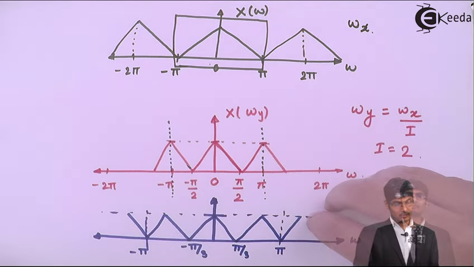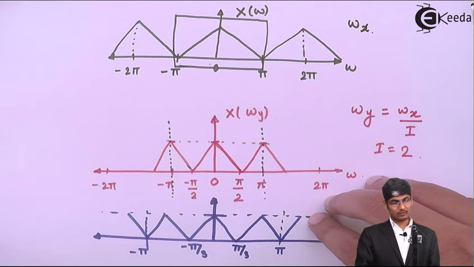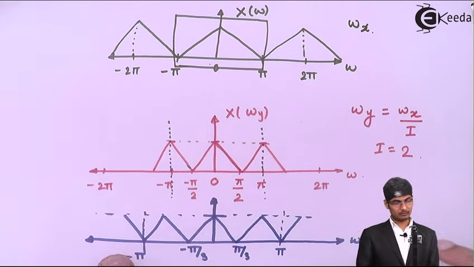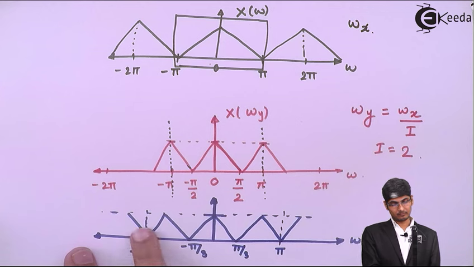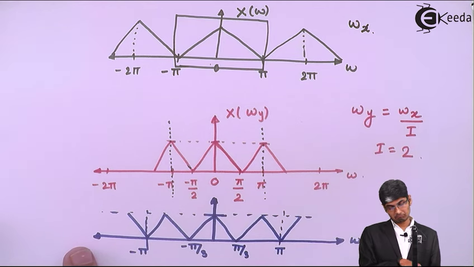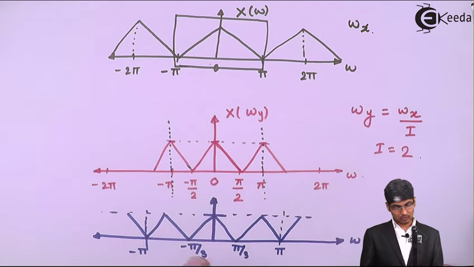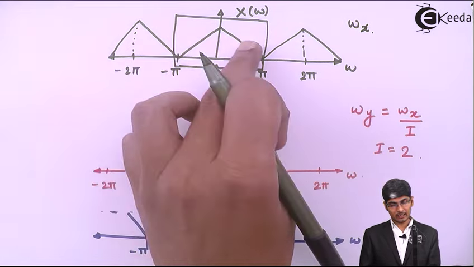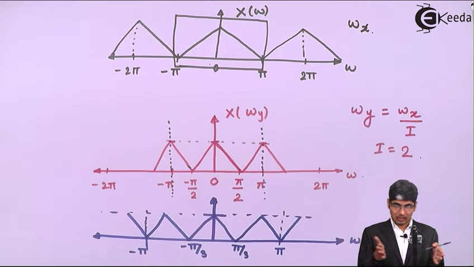Now, as we have seen in the case of the upsampler, we are going to get images, and I'm not interested in them, because these images give me the same information as this one. We know that this is the spectral characteristics of the signal. Now it is just being compressed, but the spectral characteristics are as they are.